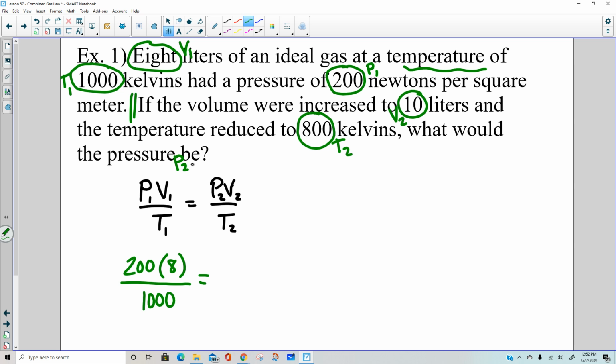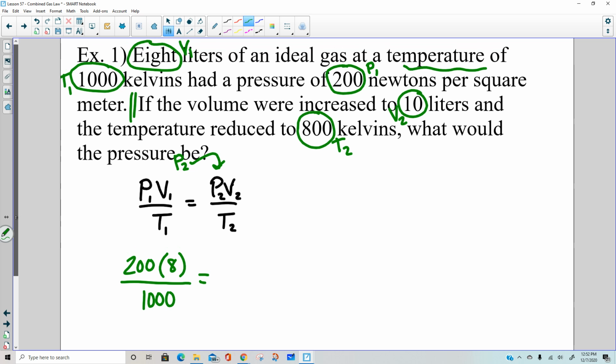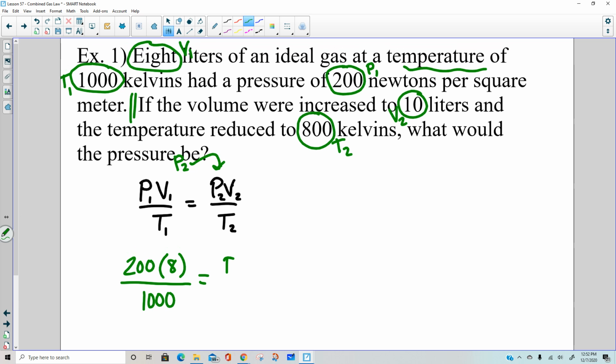So that's what we're solving for right here. So let's continue substituting on the right. We have P2, that stays the variable. V2 is 10. T2 on the bottom is 800.